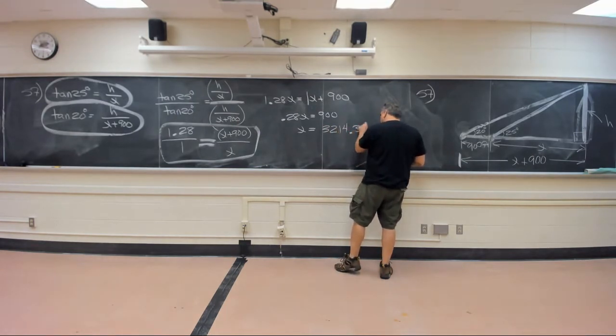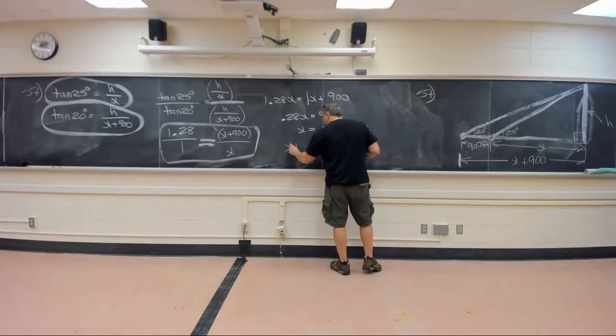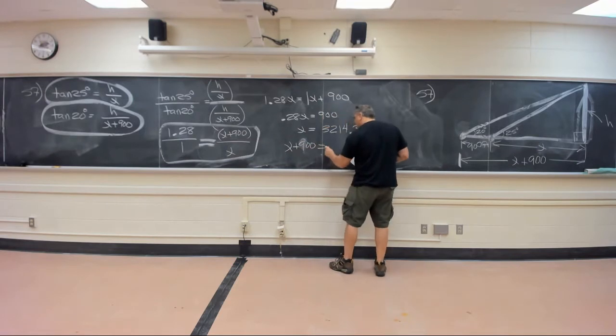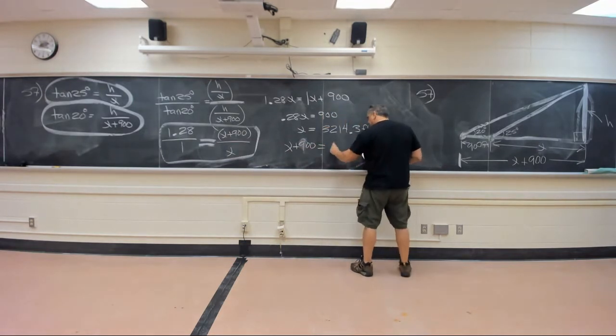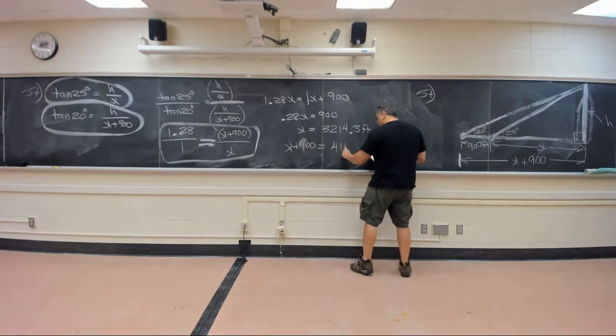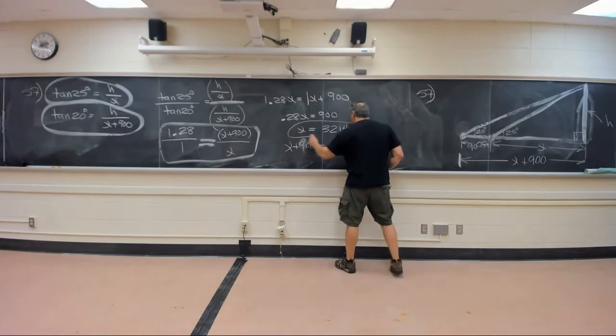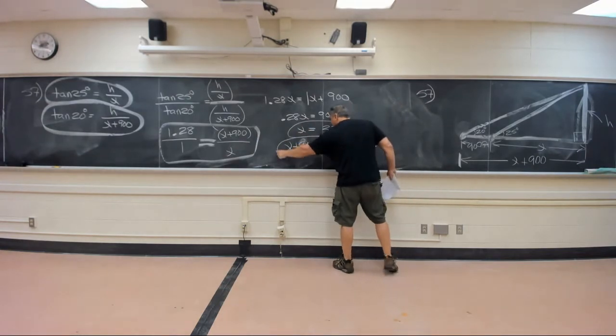You get 3,214.3 feet is how far she was when she was closer. When she was 900 feet further away, just add 900 feet. Well, nobody asked us either of these, but they could.